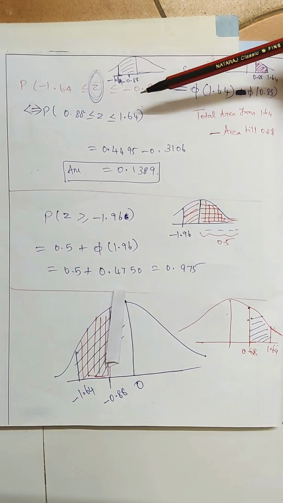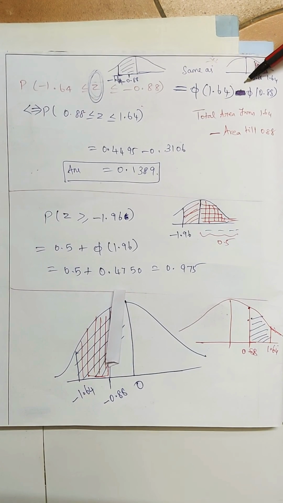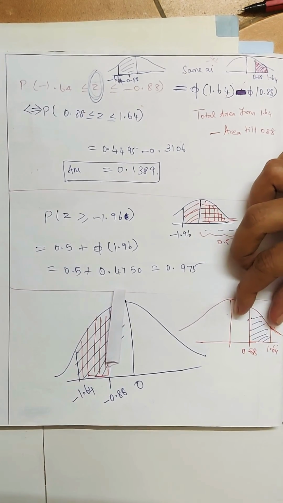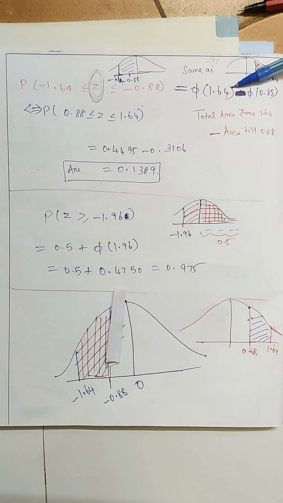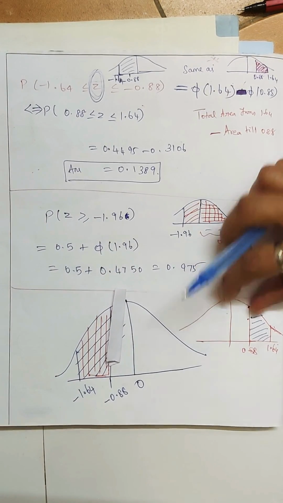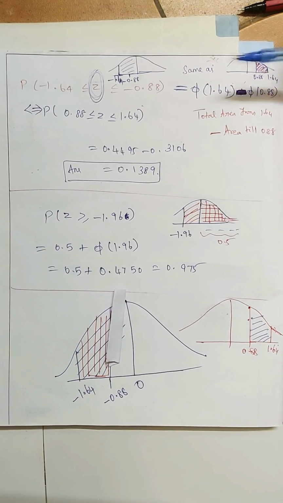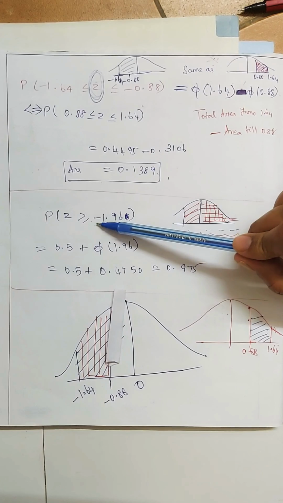So this value is the same as phi of 1.64 minus phi of 0.88. So you don't write plus here. The idea is I want this piece of cake from 0 to 1.64, which is phi of 1.64, minus the 0 to 0.88 part, that is phi of 0.88, and that will give you this value. That's it.